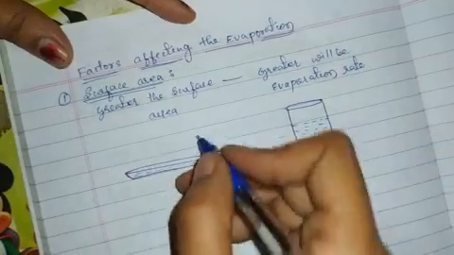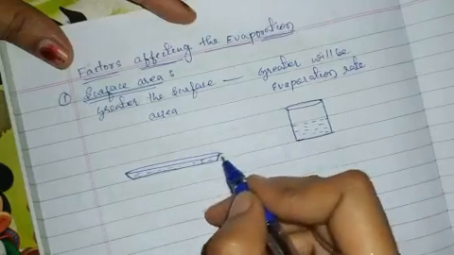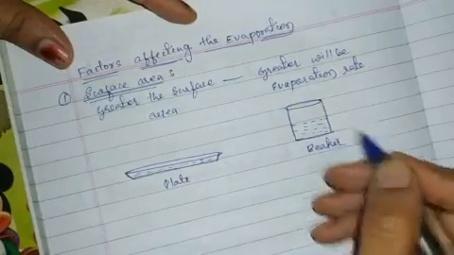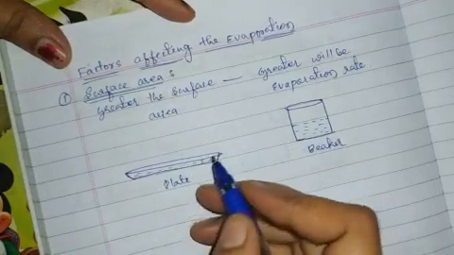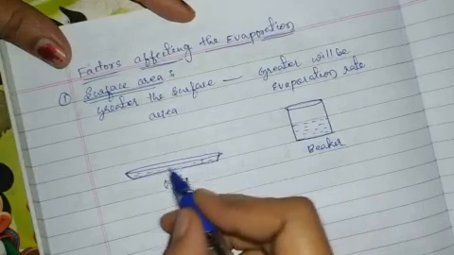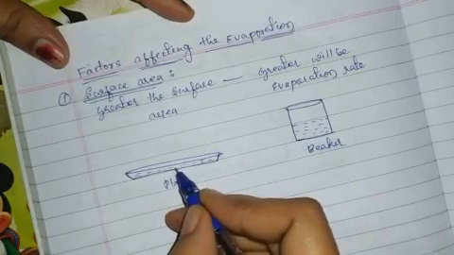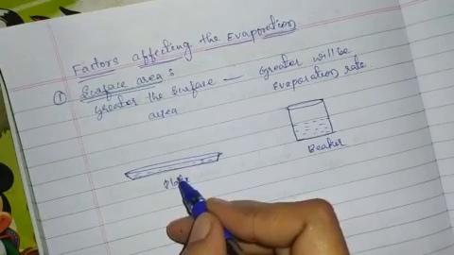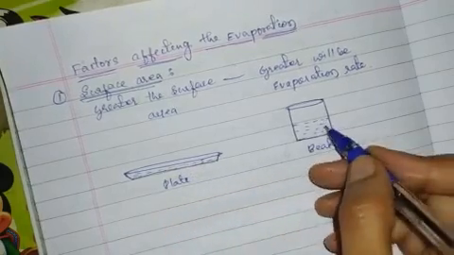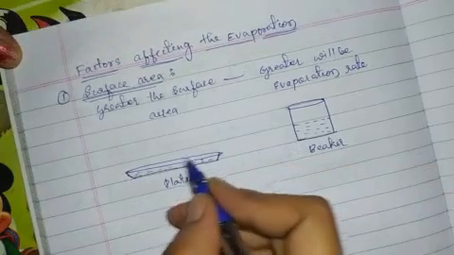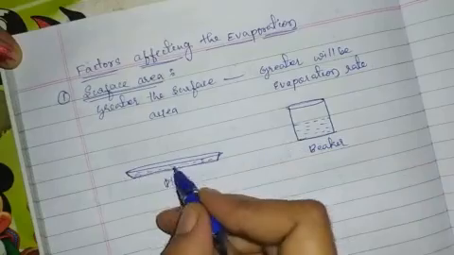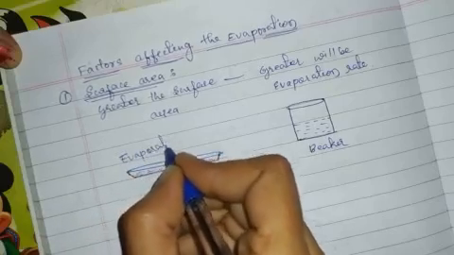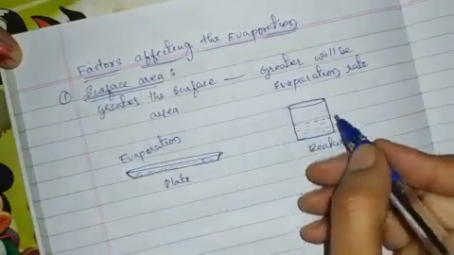If you compare these two, the plate and the beaker, evaporation takes place more from the plate. The water present in the plate gets evaporated more than that of the beaker, because the surface area of the plate is more, therefore evaporation is more, and the rate of evaporation is greater compared to the beaker.